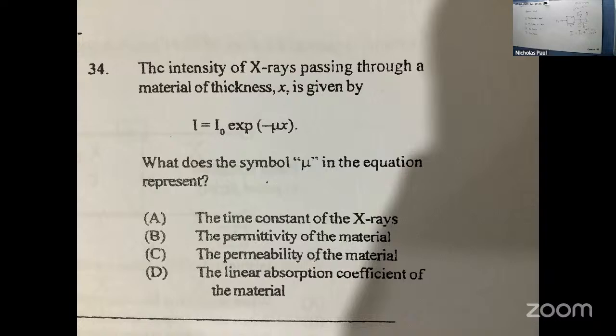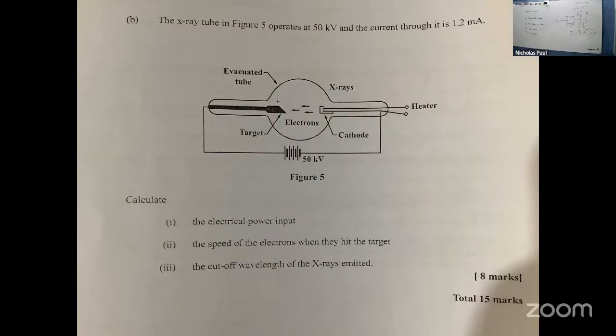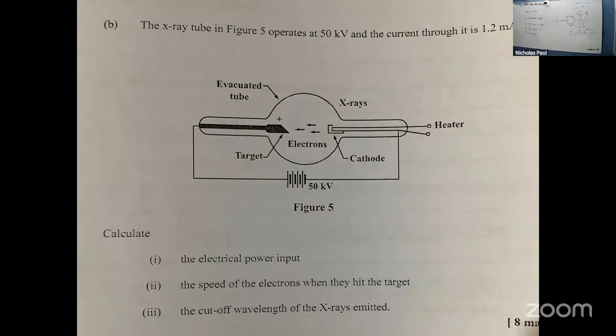Right, next one. Try this one. Very good. That fast?